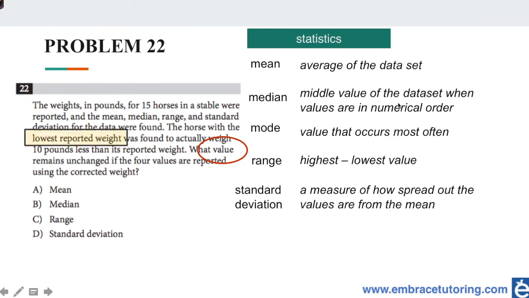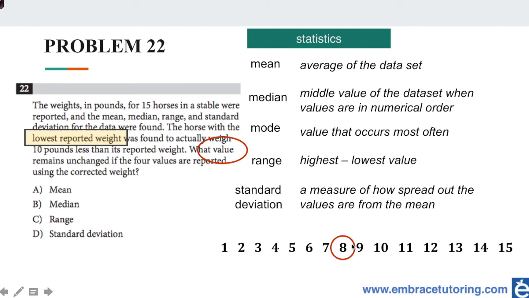And here's the reason why. If we change the lowest reported value out of a data set of 15 values, notice here we've lined up 1, 2, 3, 4, all the way through 15. If I simply replace my lowest value with another lowest value, my median is still going to be 8. I'll have 7 values on the left, and I'll have 7 values on the right.